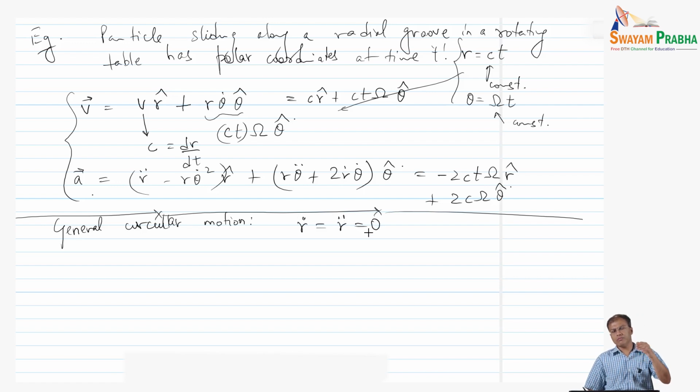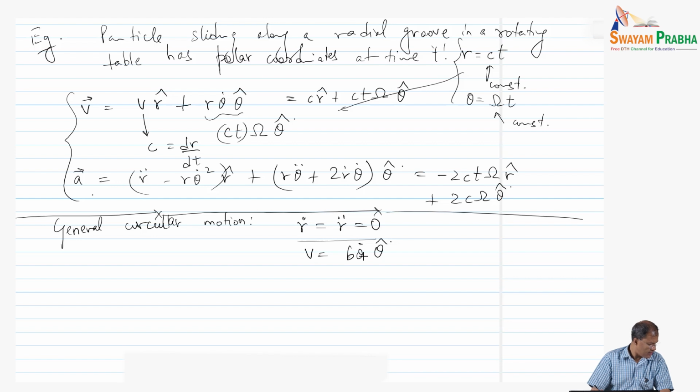Uniform circular motion means the particle is moving in a circle with constant radius, so you don't expect the radius to change. So all these derivatives will vanish, and we have that v is b theta dot theta hat, that is the speed, along the tangential direction.